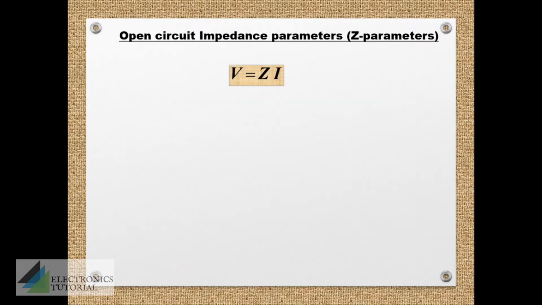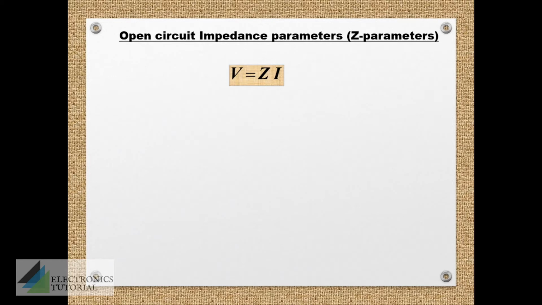It can even be termed as open circuit impedance parameters. The term Z is familiar to us, it's impedance. If there are only resistive terms, we can simply say resistance. But if there are components like capacitors and inductors, we need to use the term impedance instead of resistance.